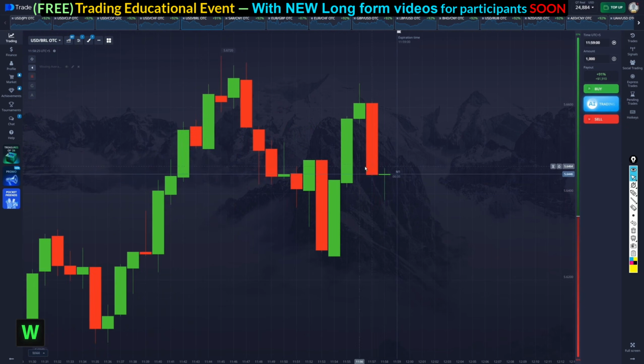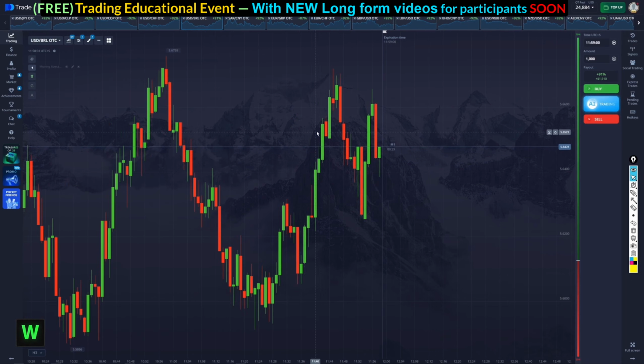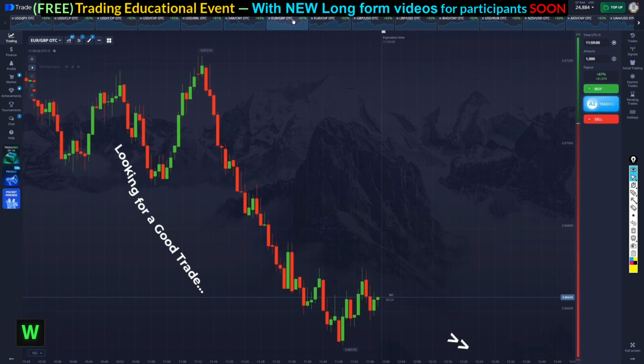Yeah. This would be nice if this candle was breaking this overlap, and then I would probably take the buy, but now I'm a little skeptical.